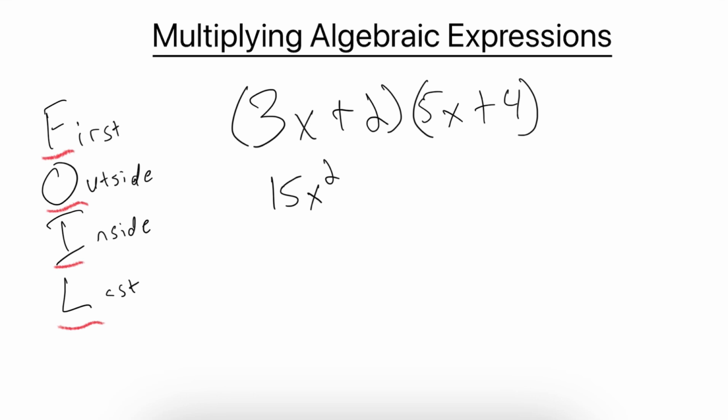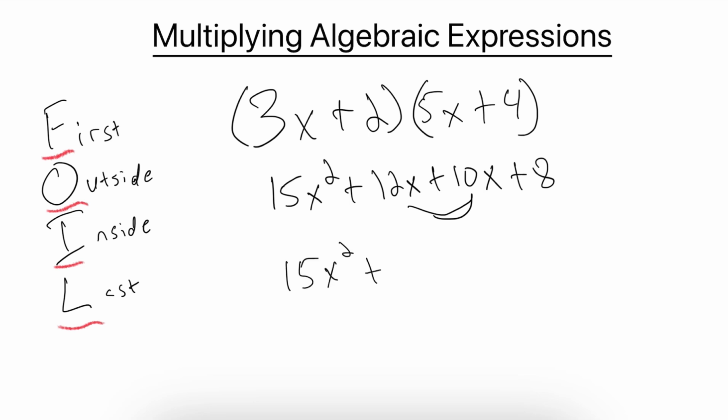Then 3x times 4 is plus 12x. Then 2 times 5x is plus 10x. And then 2 times 4 is plus 8. So we'll add these two together, and our final answer is 15x squared plus 22x plus 8.